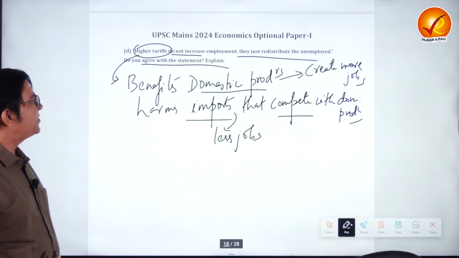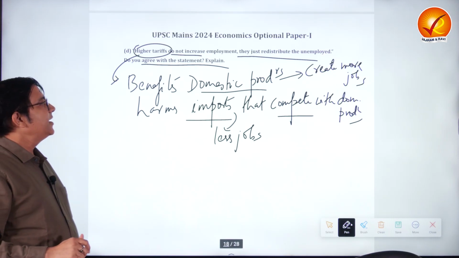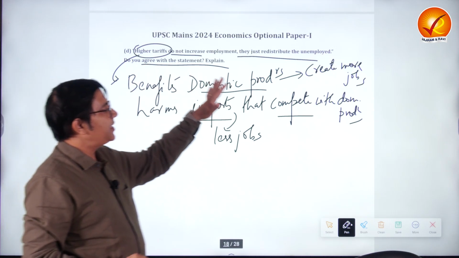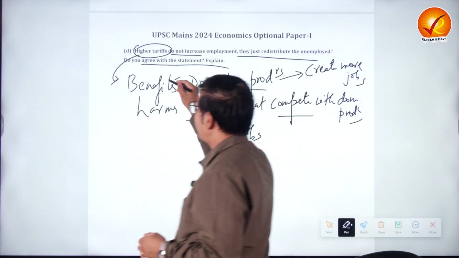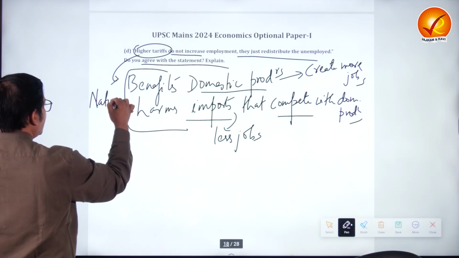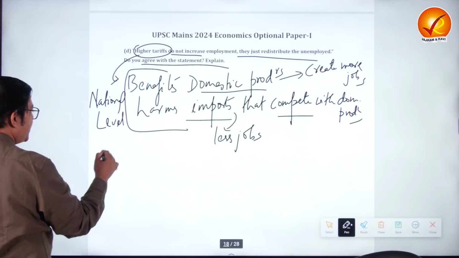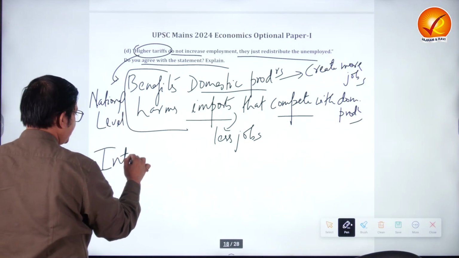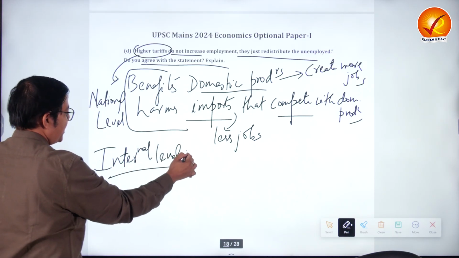Although I think since this question is too general, there is another way to look at it. One is employment, unemployment can be looked within a country. So these arguments when we give, this is at a national level. Within a country, what can happen? The question is not telling anything, so you can even talk about it at an international level. I hope you got it.